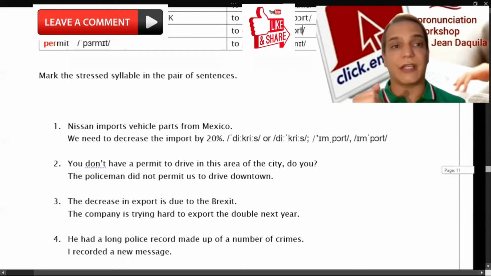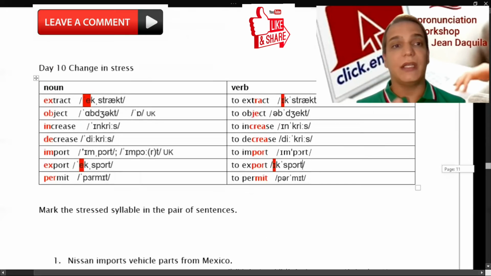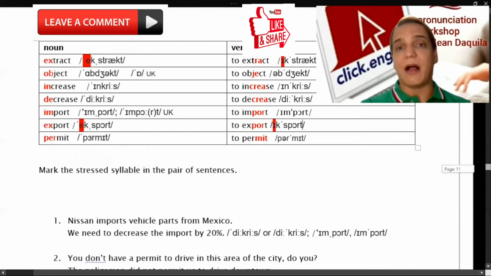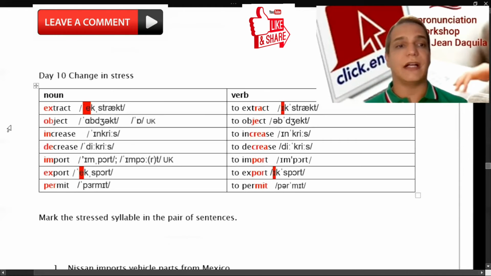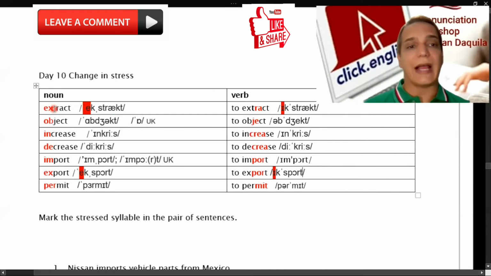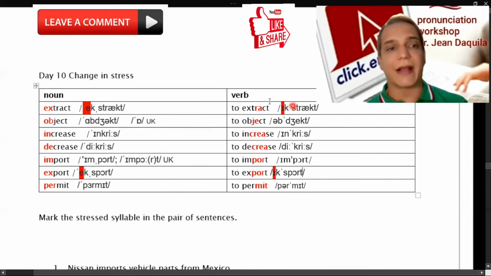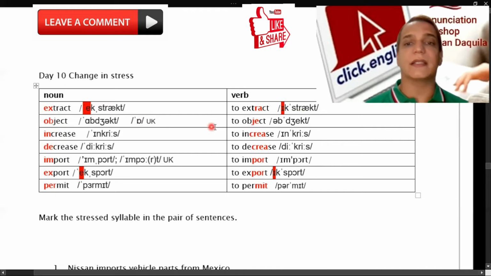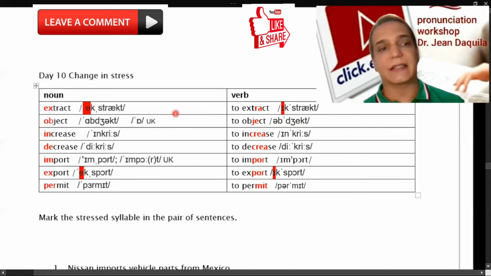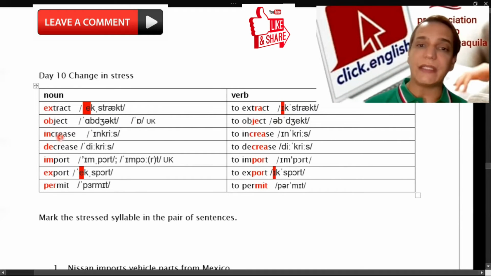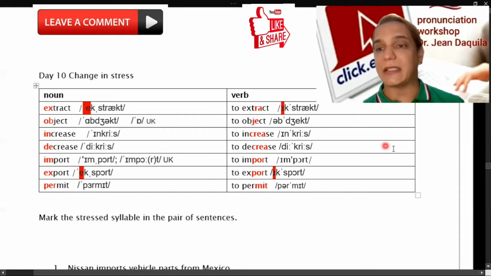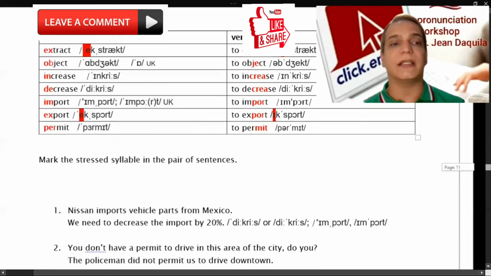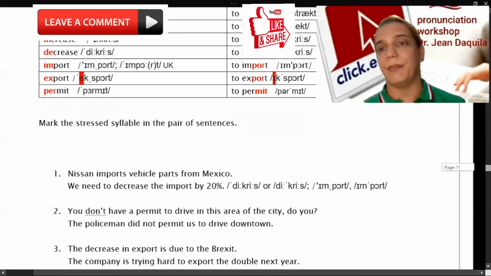The first part of the homework is to send me the noun and the verb. For example, you just read extract, to extract, object, to object, the increase, to increase. So this is the first part until permit, to permit.